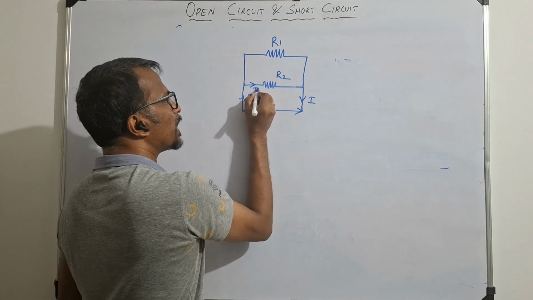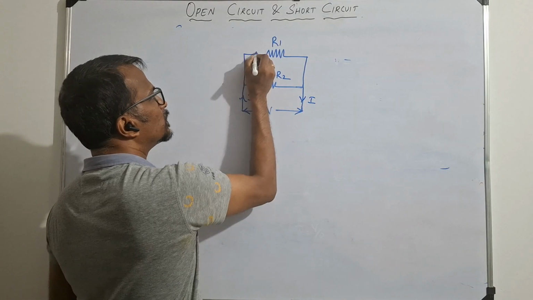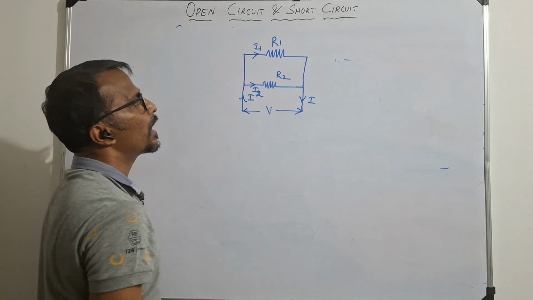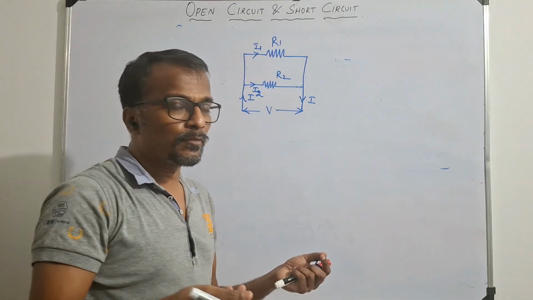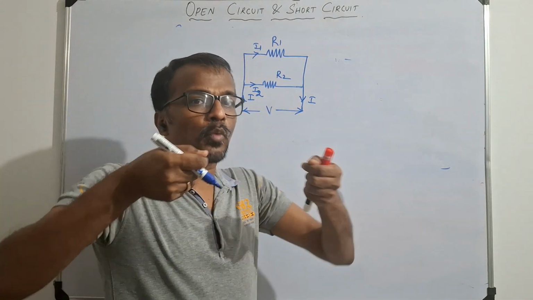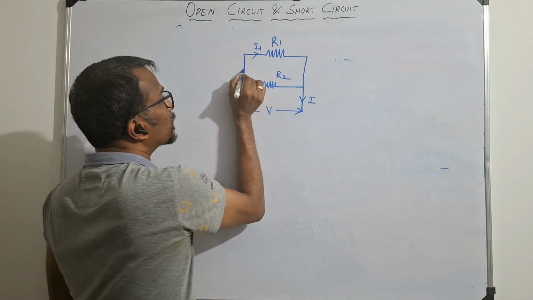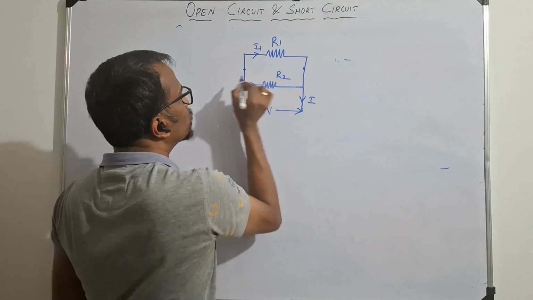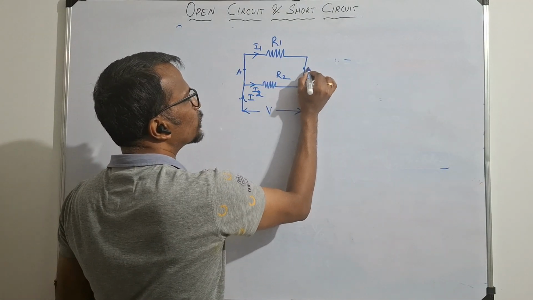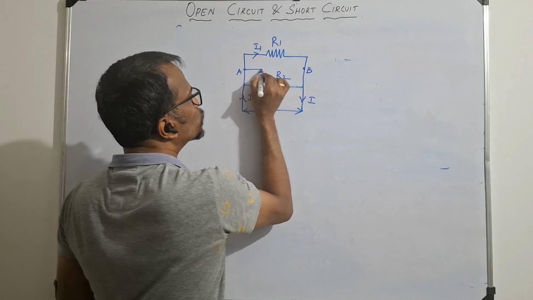Now this is I1, I2. What I am going to do is take one wire and connect these 2 points. Assume this point as A and this point as B. I am shorting here.